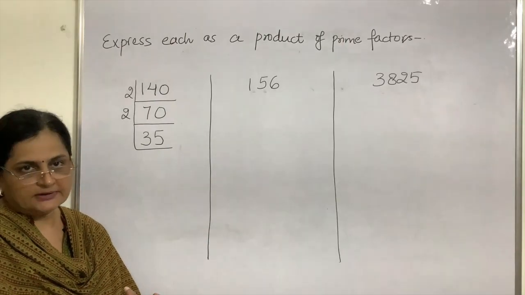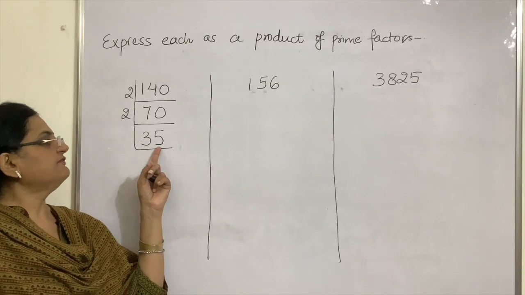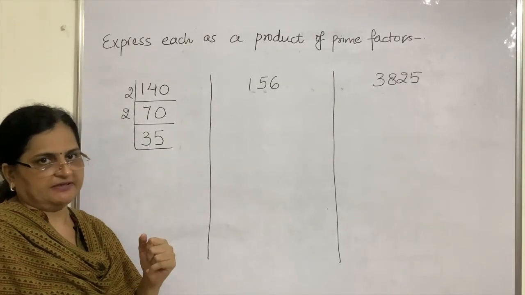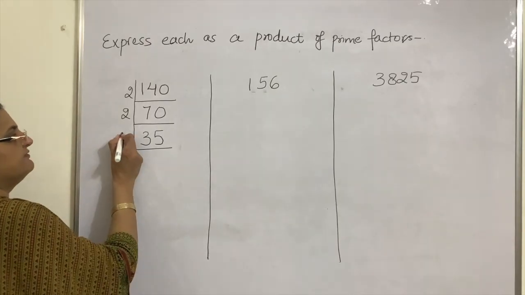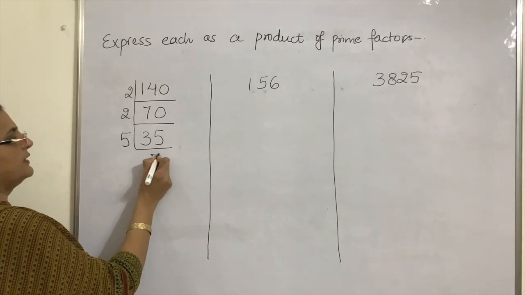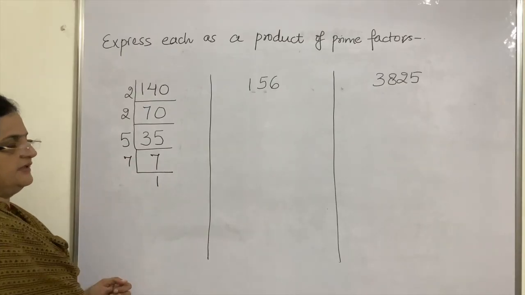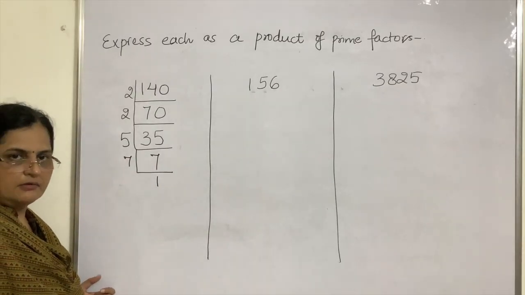What is the next number? 5. So 5 appears at the unit place. So this number will be divisible by 5. So we divide it by 5 and we know our tables. 5 sevens are 35, 7 and we get 1. Very easy.